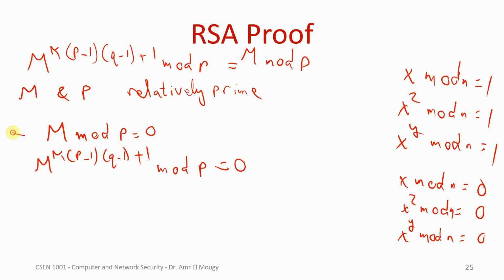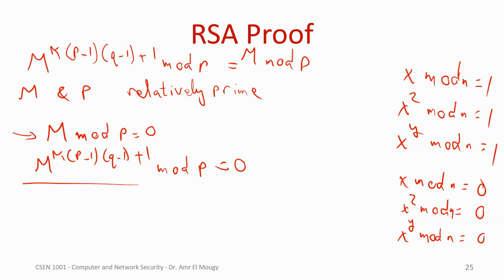So if you have m mod p equal to 0, then m power anything mod p is also equal to 0. Then in this case, m power k(p-1)(q-1) plus 1 is indeed equal to m mod p. Both of them are equal to 0.